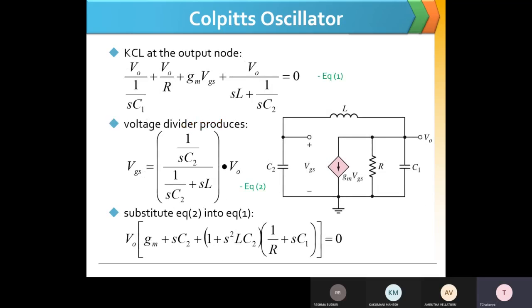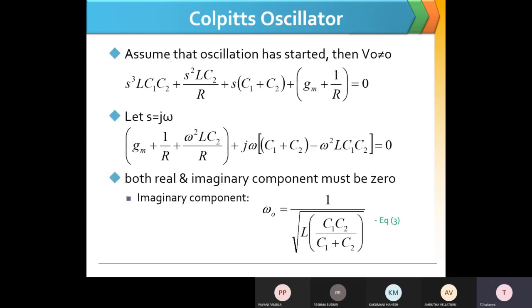After applying the KCL at the output side, we have this kind of expression. V0 divided by... So you just go through this expression once again.